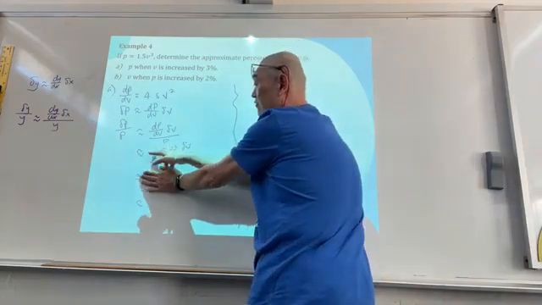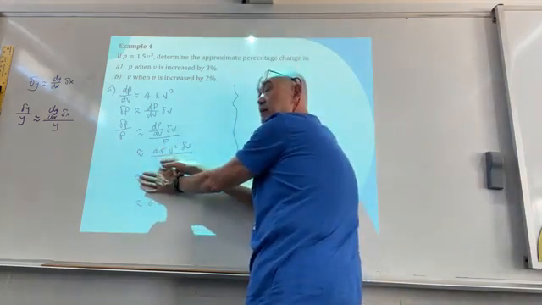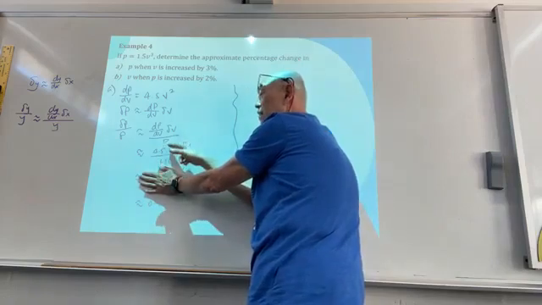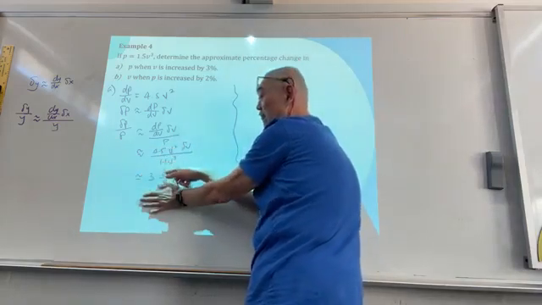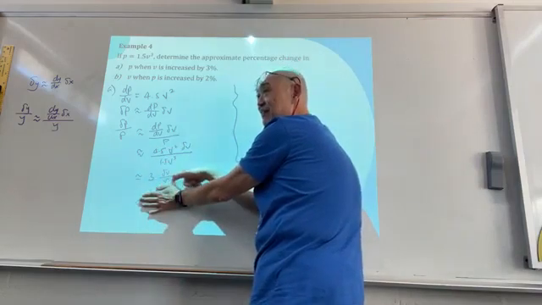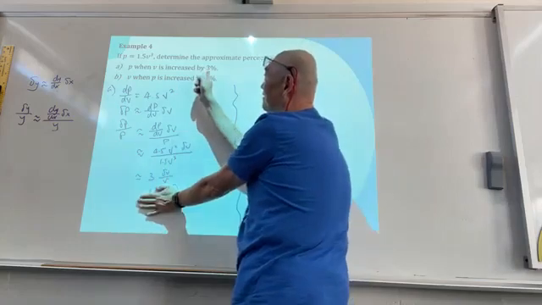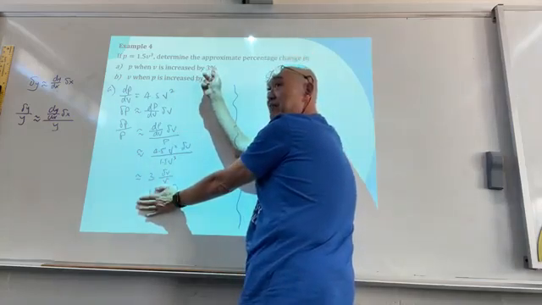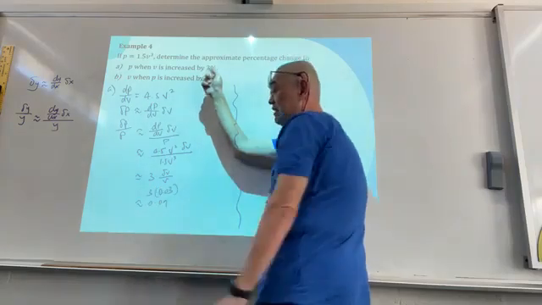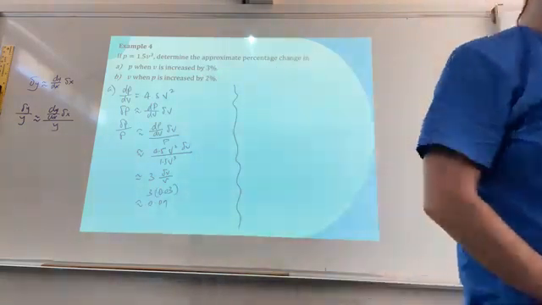Now, 4.5 divided by 1.5 is 3, and V squared divided by V cubed is 1 over V. So what is this? Delta V over V, which is V increased by 3%. That is delta V over V. So therefore, it's 3 times 0.03, approximately 0.09.